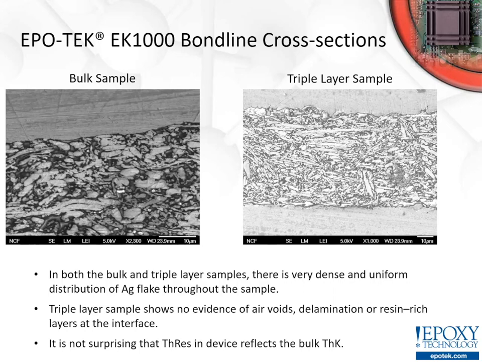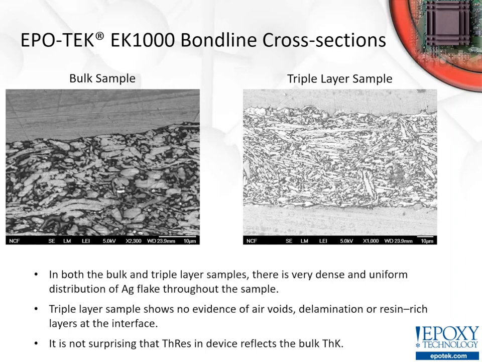Looking at our EK1000, again, we saw very similar results between the bulk sample and the triple layer sample. The bulk sample showed excellent, very dense silver flake throughout, uniformly distributed in the sample. The triple layer sample showed a very similar effect.